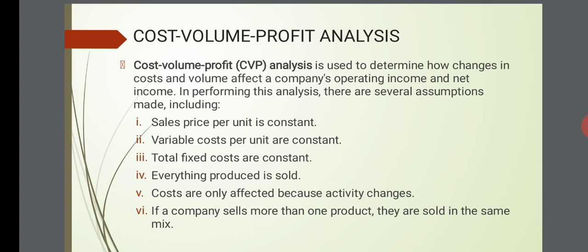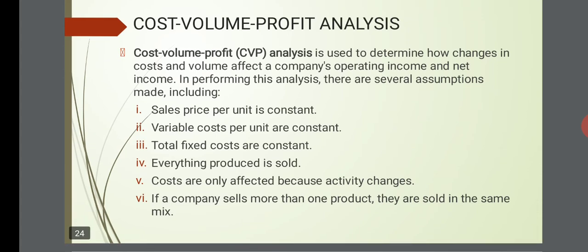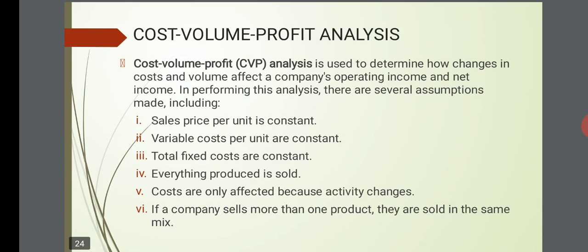Fixed cost is the cost which does not change when the units change. For example, if it is 30,000, it will remain 30,000 for 1 unit, 2 units, 3 units, unless and until we achieve 100% production. So they will remain the same. Then EBIT is earnings before interest and tax. It is also known as operating profit.